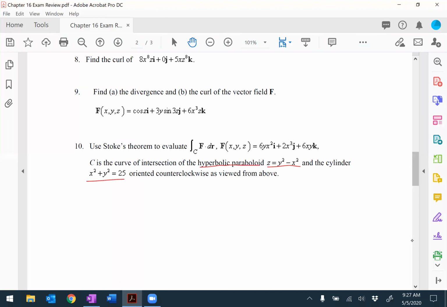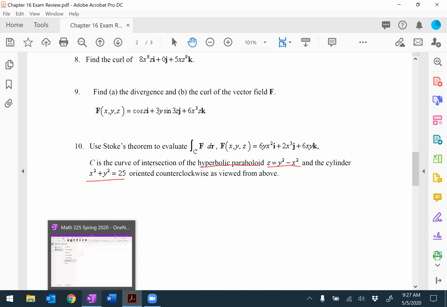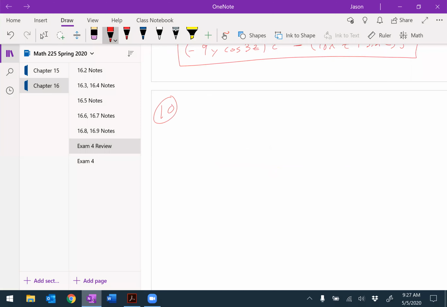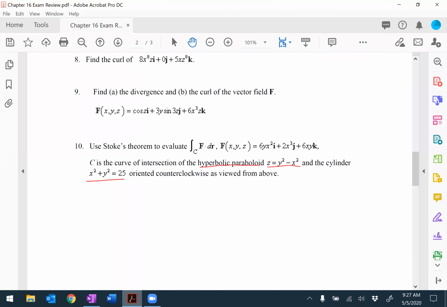So it's an intersection of these. It's a surface, and it's a line integral around that surface. Let's pull out some key information here.